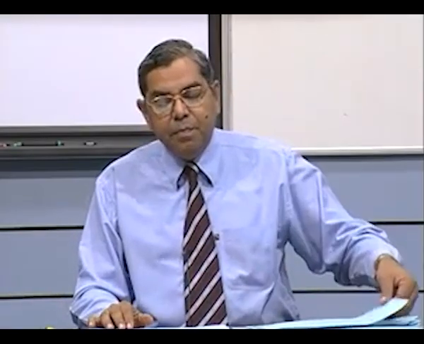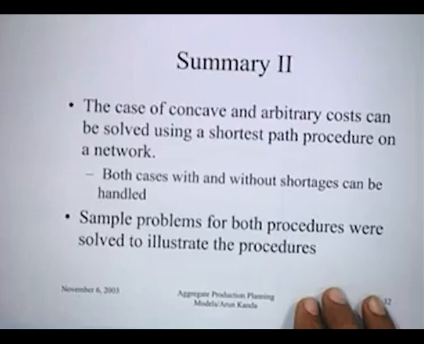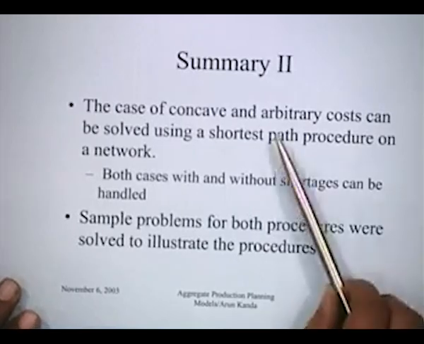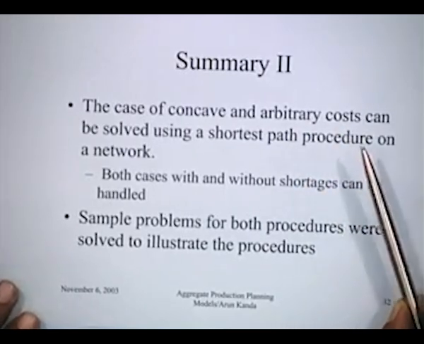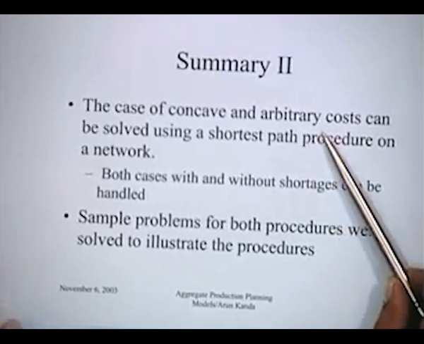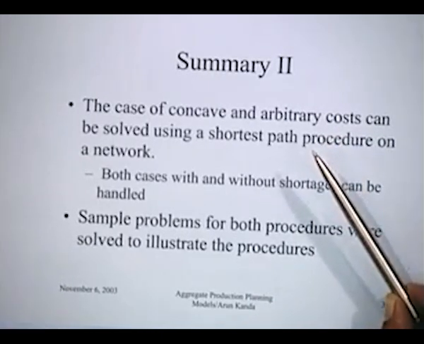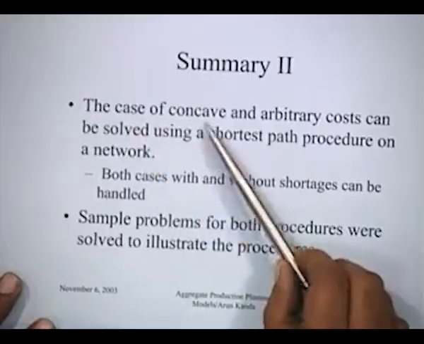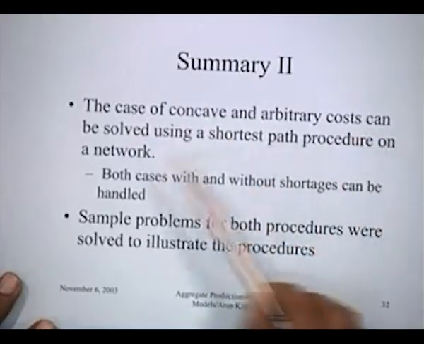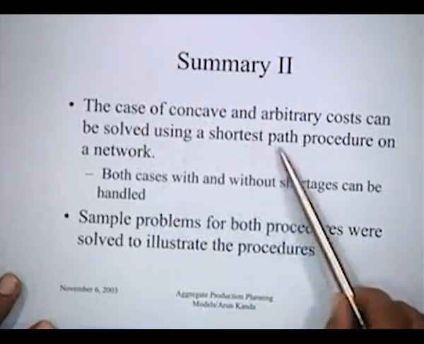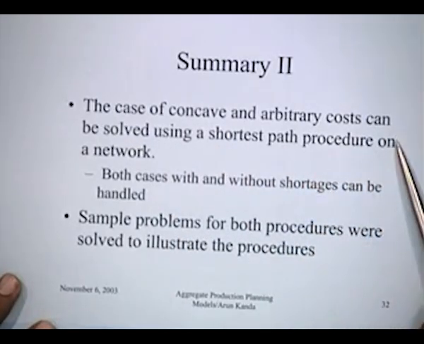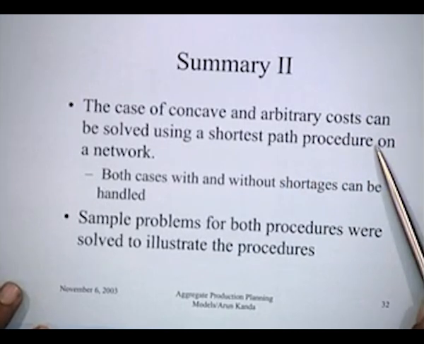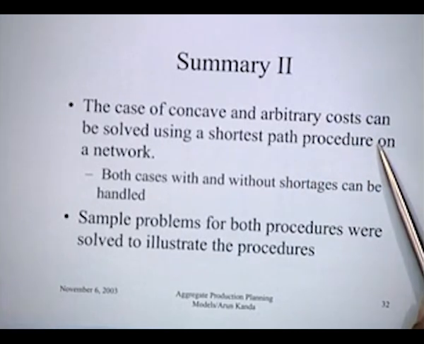And then finally, we took up the case of general concave and arbitrary costs, in which we considered a problem in which there was a setup cost and a production cost and a holding cost. So the case of concave and arbitrary costs can be solved using a shortest path procedure on a network. And finding the shortest path in case there were no shortages was relatively simple.